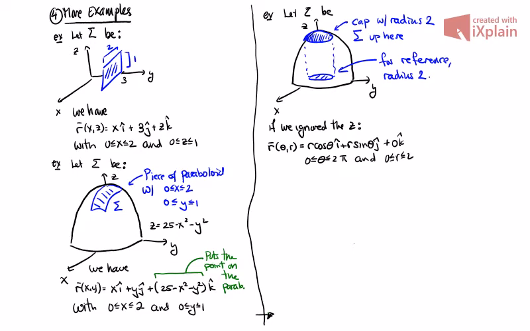Just for reference, this parametrization would be this disk right there, because z is 0. So what we'll do instead is put it on the paraboloid.